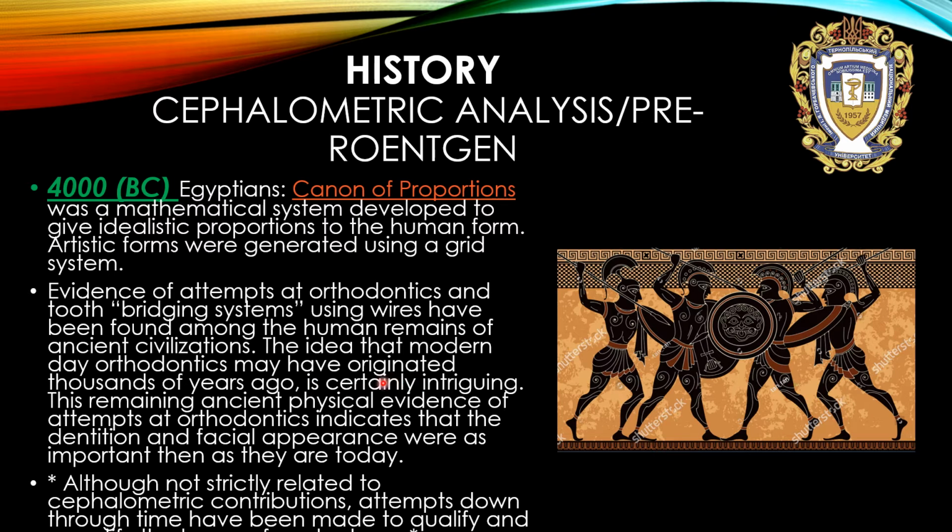This remaining ancient physical evidence indicates that the dentition and facial appearance were as important then as they are today. Although not strictly related to cephalometric contributions, attempts down through time have been made to qualify and quantify the human form by type.